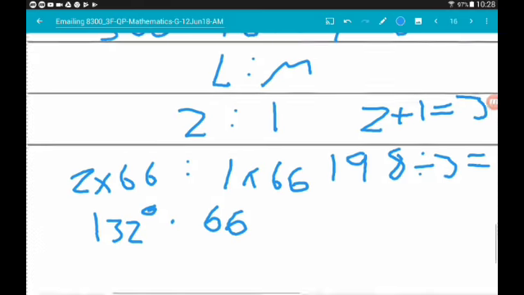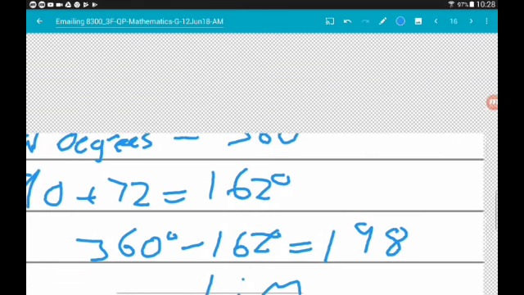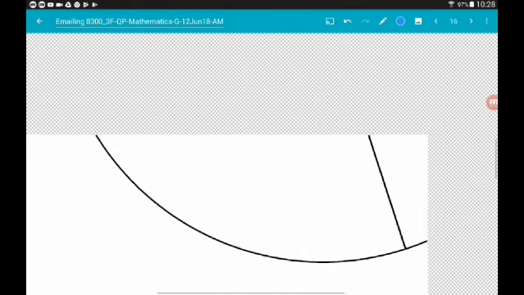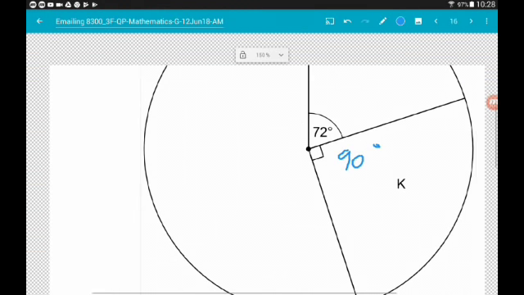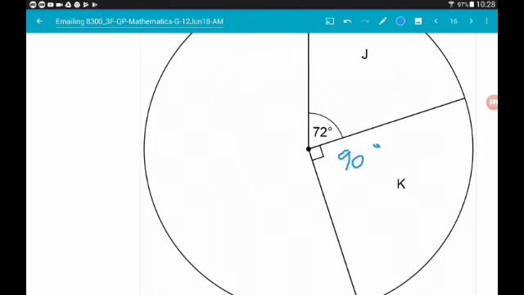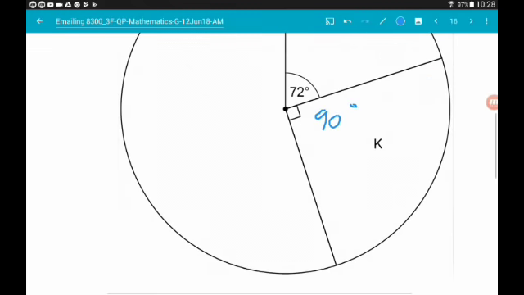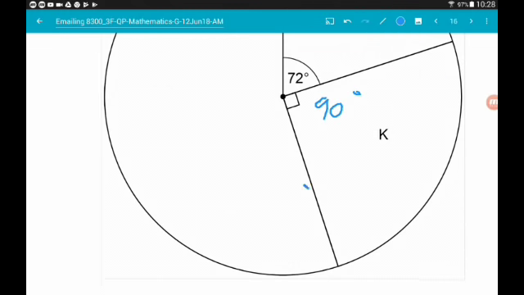So if we go for L, which is 132 degrees, you now need your protractor. So I'm just going to do this roughly. If you were using your protractor though, put the centre of your protractor on the point in the middle of the circle, have the 0 degree line running along this line here.